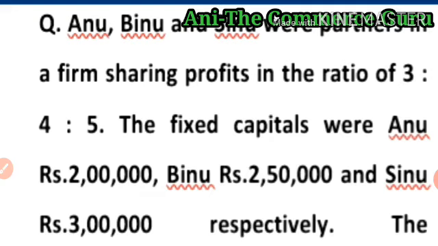So how many partners are there? We know that 3 partners, Anu, Binu and Sinu. I repeat the first sentence. Anu, Binu and Sinu were partners in a firm sharing profits in the ratio of 3:4:5. So their profit sharing ratio is also given there, 3:4:5.